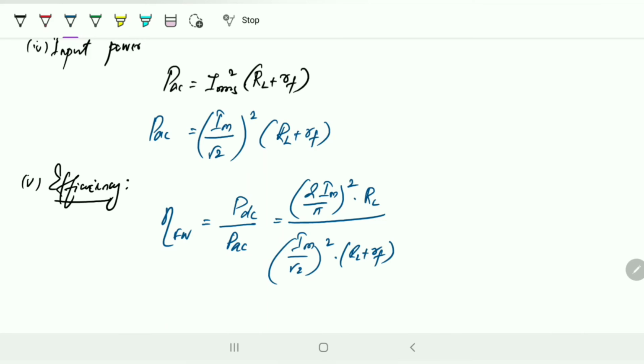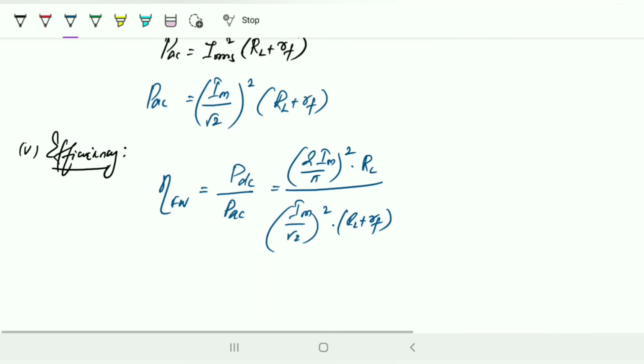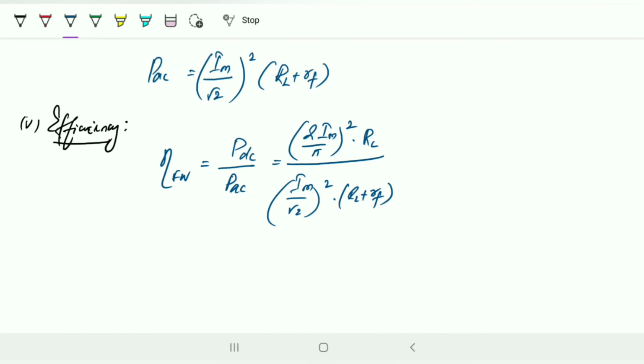If you cancel the terms and elaborate, you will get around 0.812 times RL divided by RL plus RF.